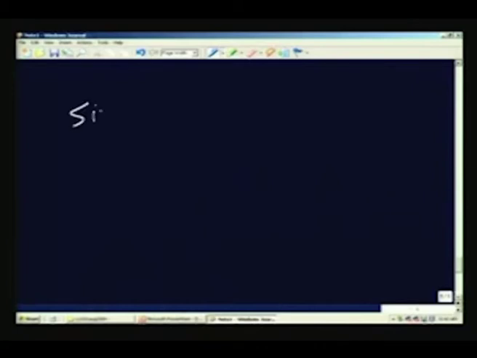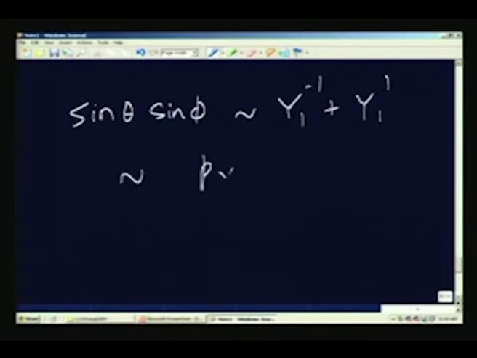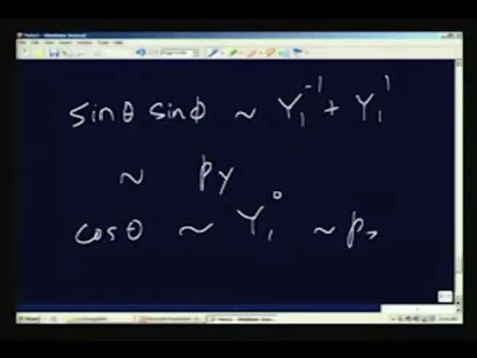The quantity sin theta sin phi, which is another linear combination of y1 minus 1 and y11, is called the py orbital. And cos theta, which is y10, did not have any exponential phi dependence because the m value is 0, therefore e to the i m phi is 1. That is like the pz orbital.